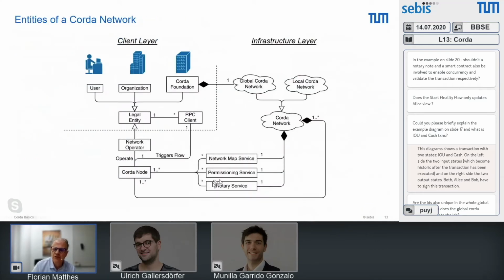There's one notary, but technically speaking, it's one notary service, which may be implemented by a notary cluster. That's the important point here. Again, for redundancy and failover, this would be a service which is done by a cluster of machines, as we have seen it with Hyperledger also.